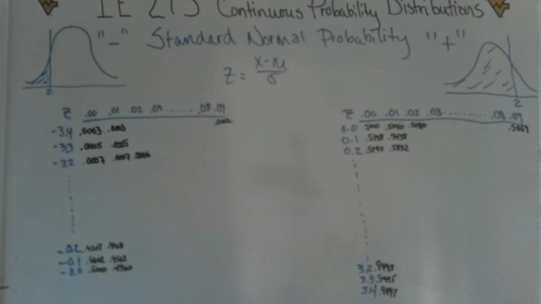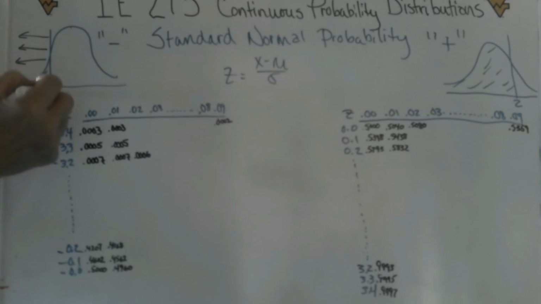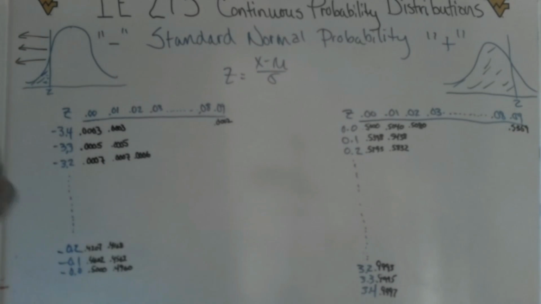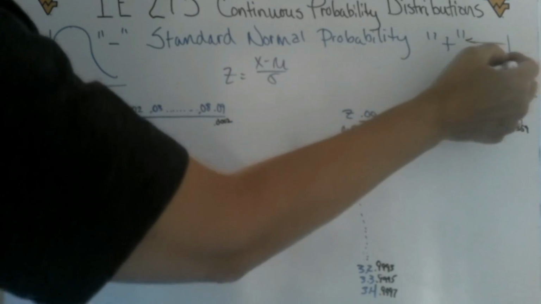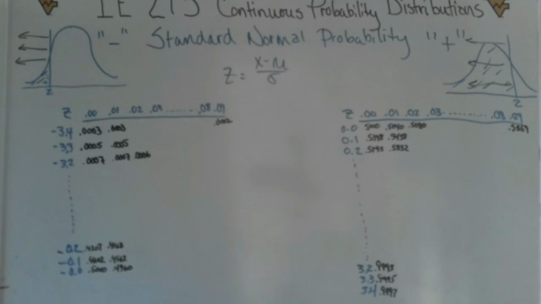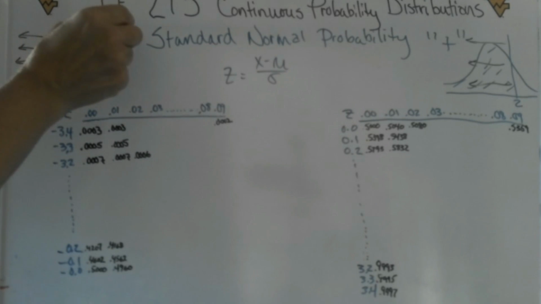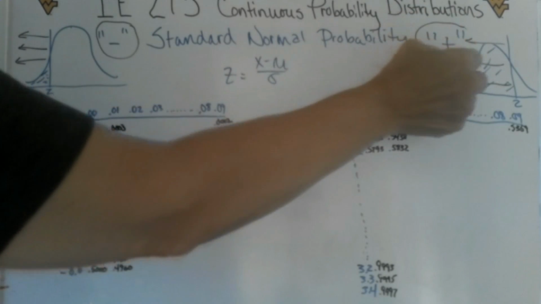The area under the curve is reading cumulative from that direction. This z-value reads cumulative to that point. I highlighted these as the negative side and the positive side.